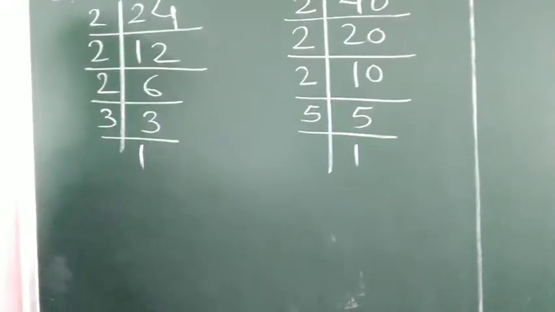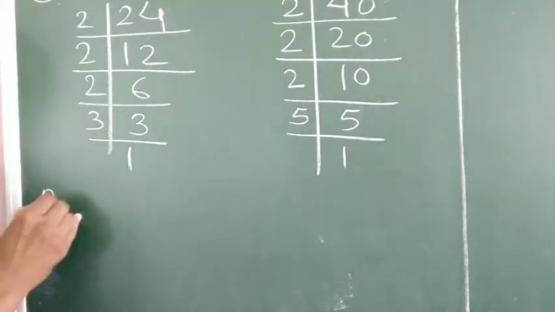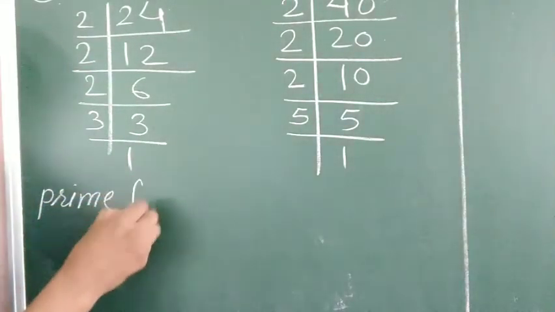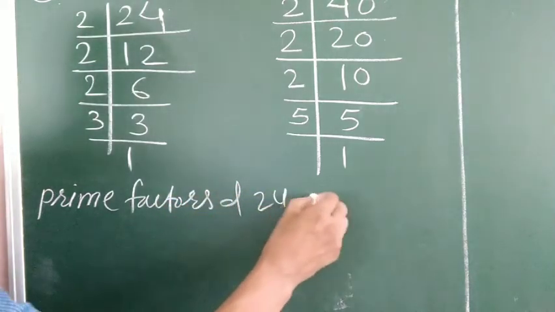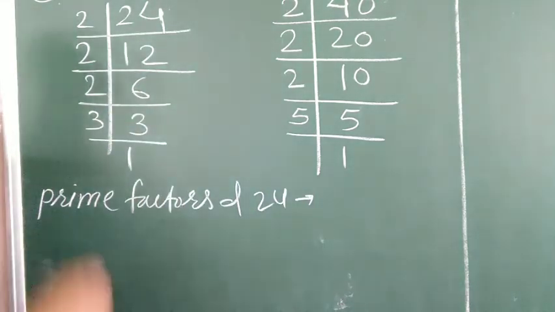Now see, the prime factors of 24 are 2, 2, 2 and 3. These are the prime factors of 24.